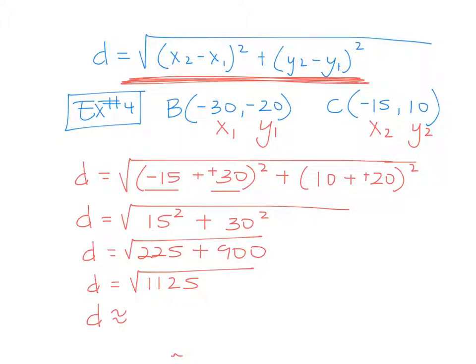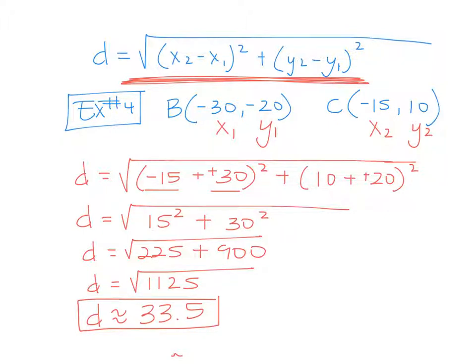And then you plug that in. The square root of 1125, what is that to the nearest tenth? Did you square root or square? 33.5. Yeah, it'd be 33.5. So if you plug in the square root of 1,125 and round that to the nearest tenth, you'd get 33.5.